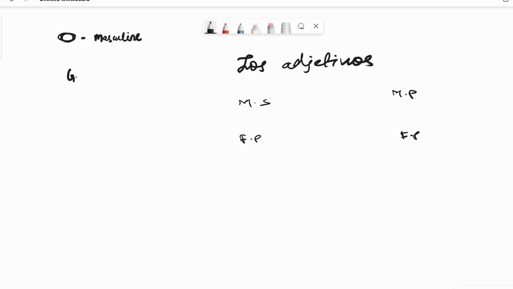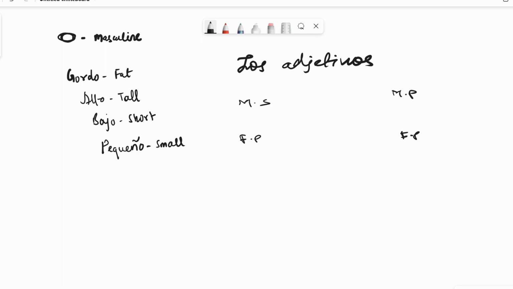For example, you have gordo, which means fat. You have alto, which means tall. You have bajo, which means short. You have pequeño, which means small or little.